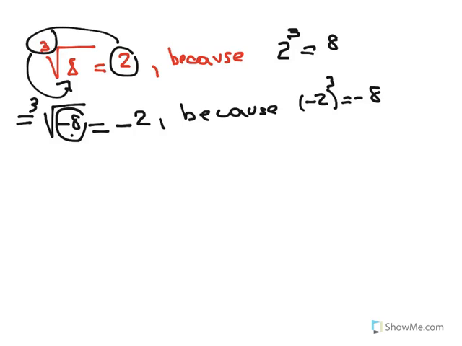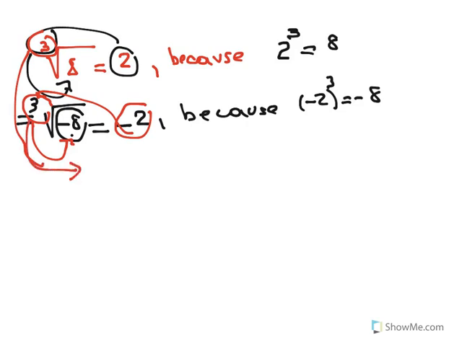In other words, you take this number right here, you set it to this exponent, and you get this number right here. Now, this number right here is what I call the index of the root.